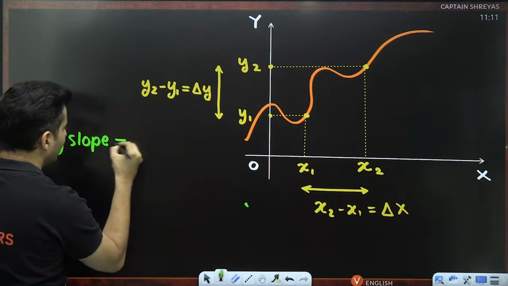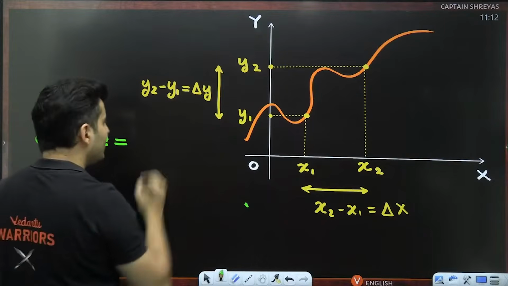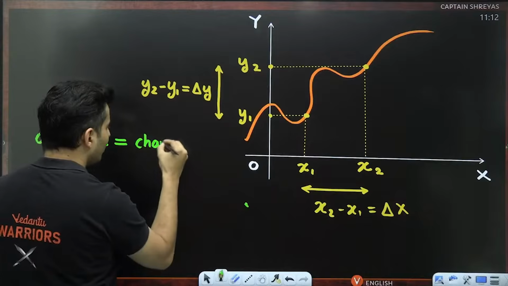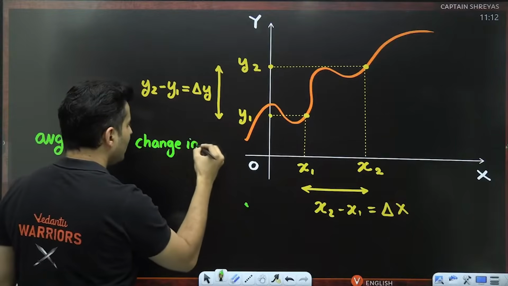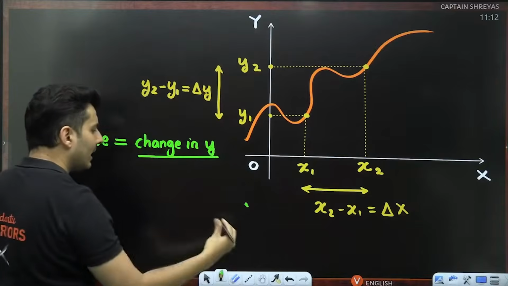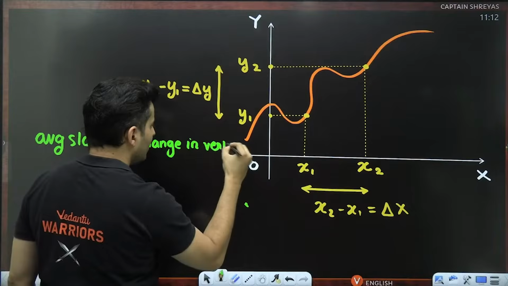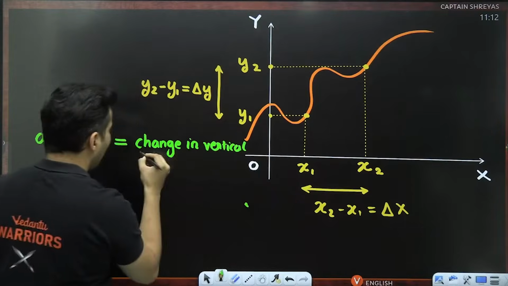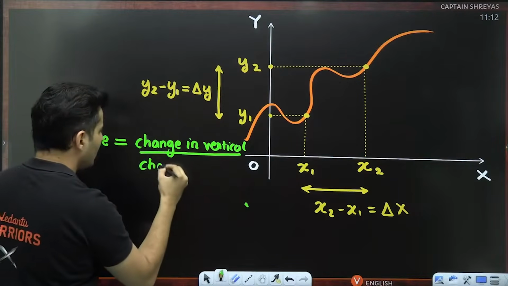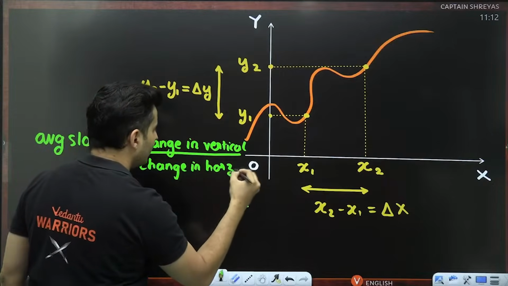Average slope will be nothing but how much my y changed. So change in y coordinate, always the vertical axis, or you can say vertical change, upon the change in horizontal direction.